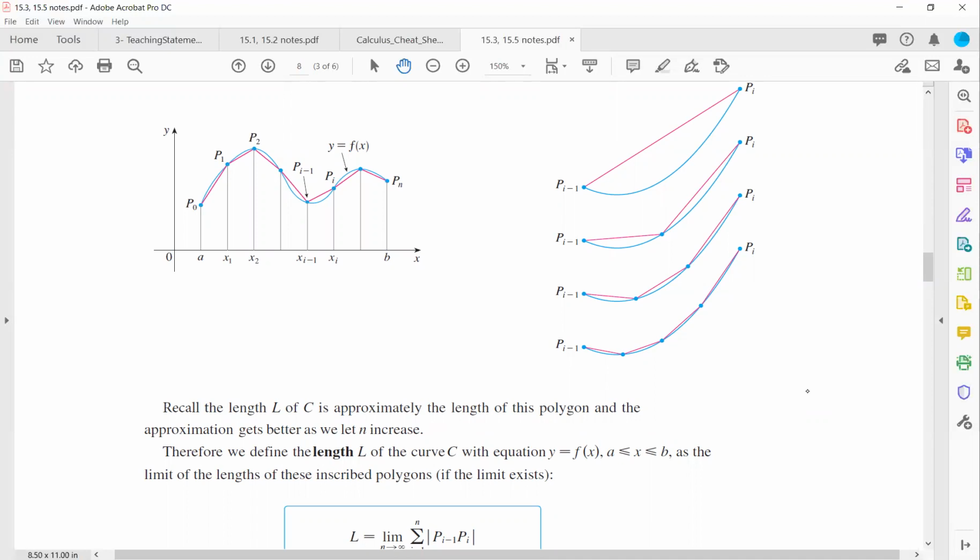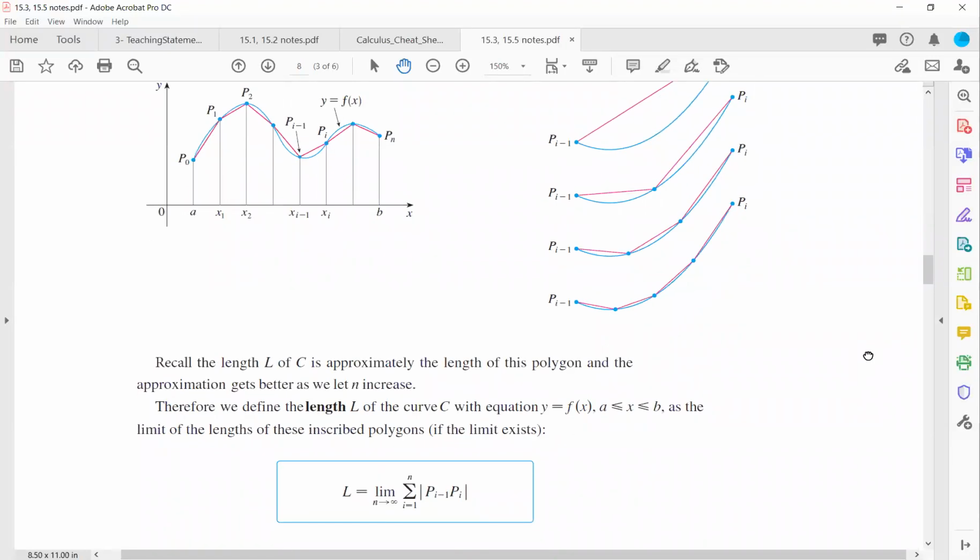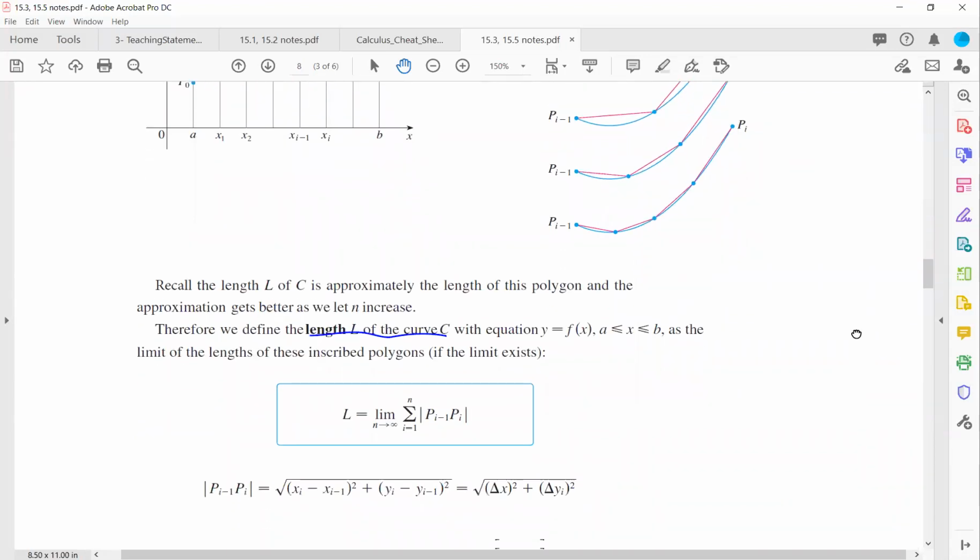So to define any curve, we can use very small line segments, add them all together, then send the limit to infinity, and have the length of a curve. We're going to use this idea to find the area over crazy looking domains.